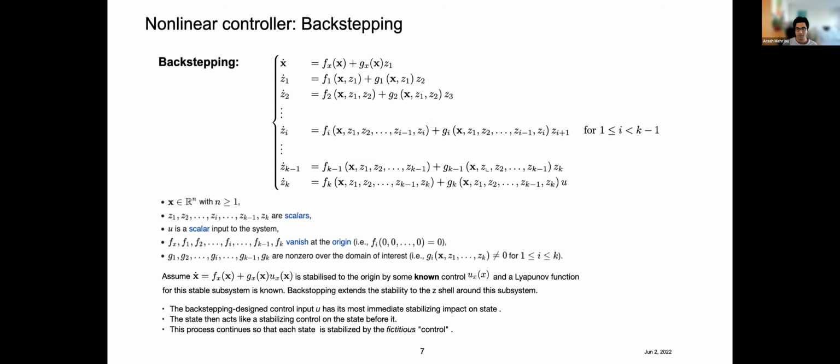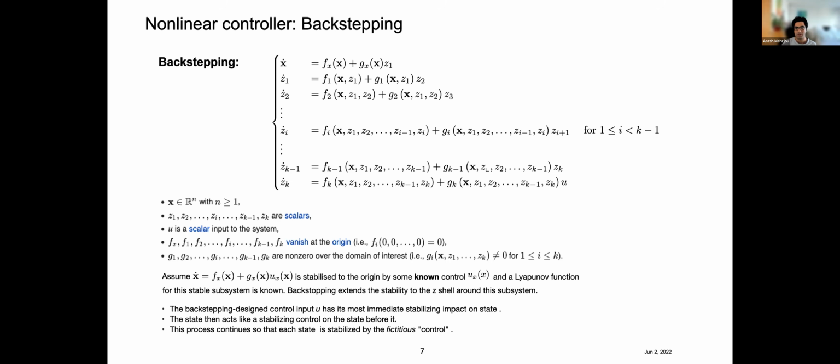No, we didn't apply it to backstepping, but at a conceptual level, it's very similar to this one too, because this has a recurrent nature: you start with something that is basically stabilized, and then you try to extend the controller to a shell around this system. But it's kind of different, because here you first design a control signal and then solve another system whose state is the control signal for the other one.